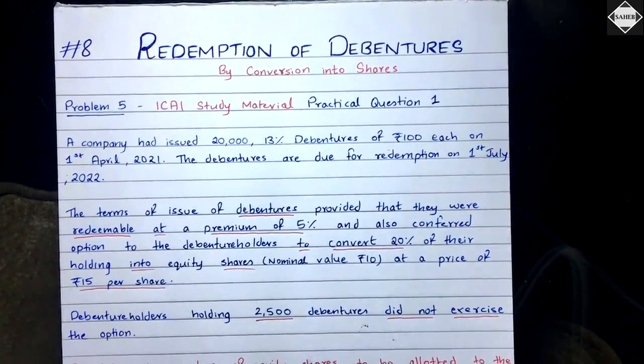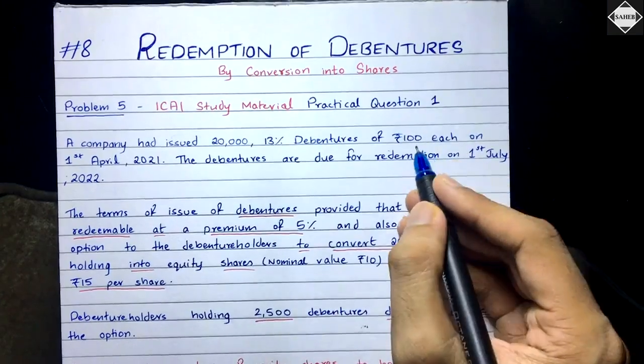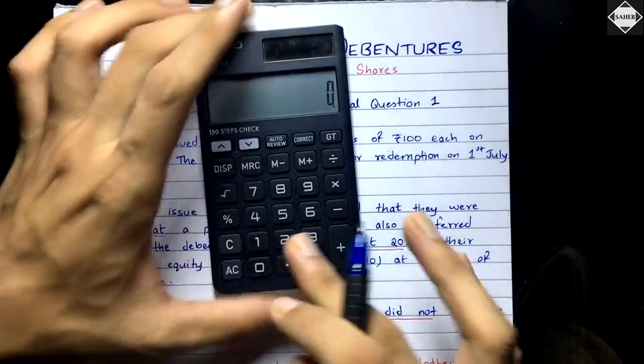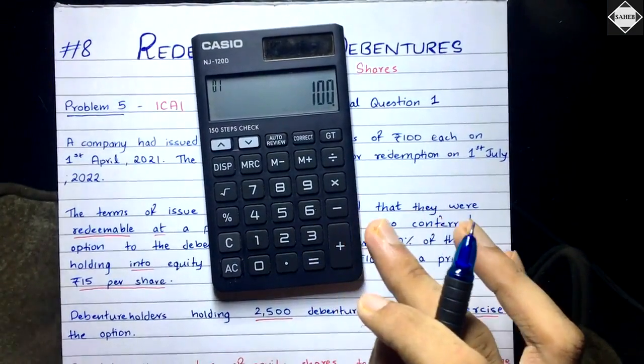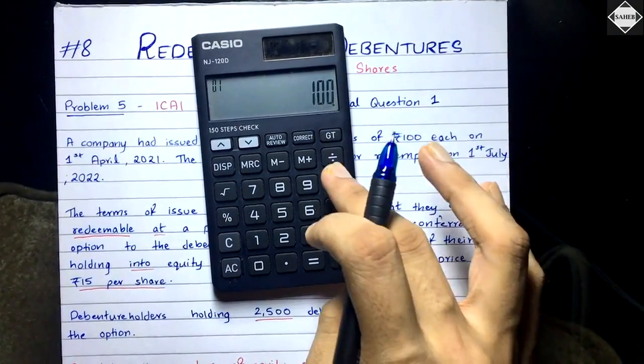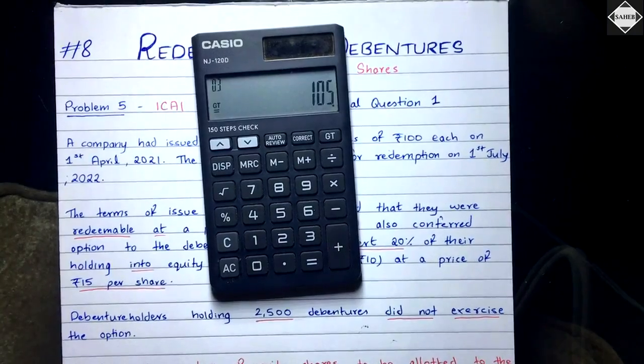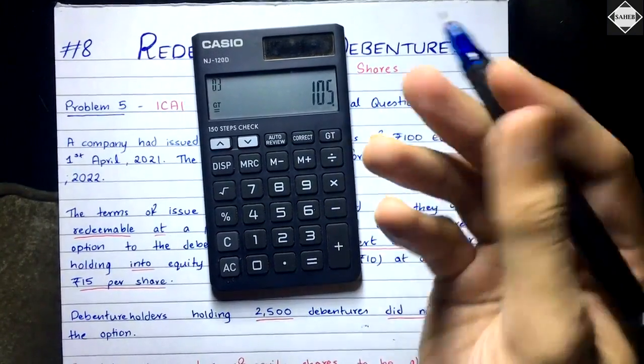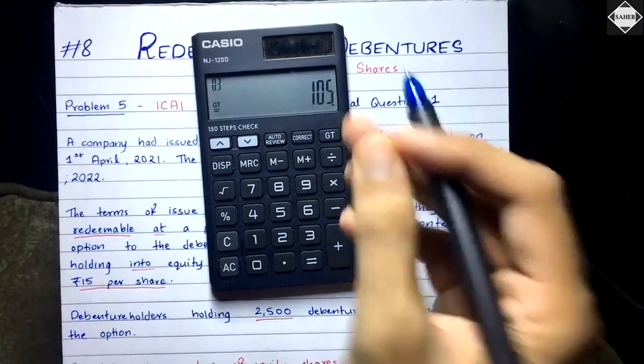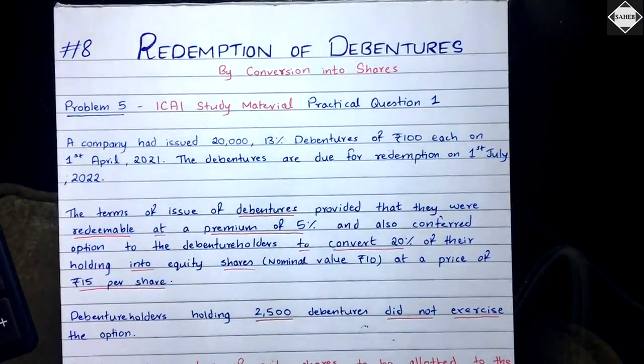We are repaying 5% extra. So we are repaying how much? 105, isn't it? 100 is the face value, and I will inflate this by 5%, into 1.05, which equals 105. So 105 is the redemption value per debenture.